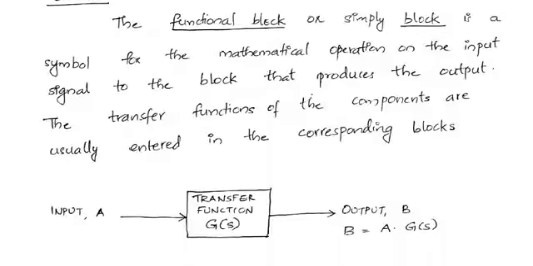So this is the block. In that block we represent the gain of the system or transfer function of the system. Sometimes you can see that transfer function or gain represented in S domain, for example G of S, or you can see it represented as simply G.